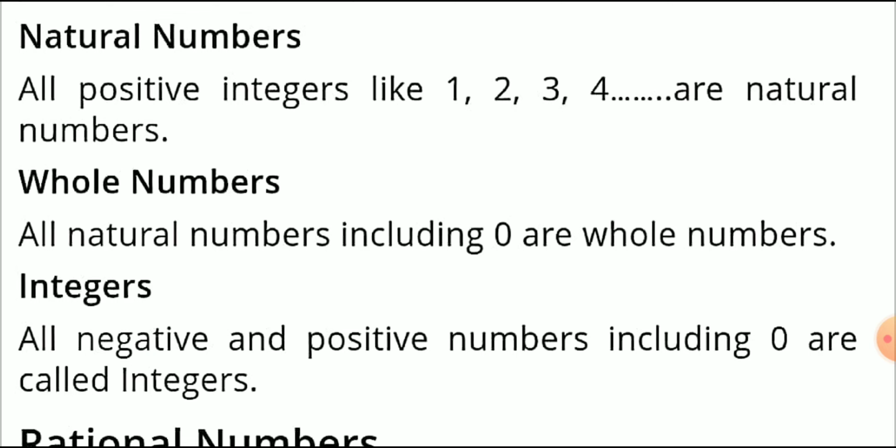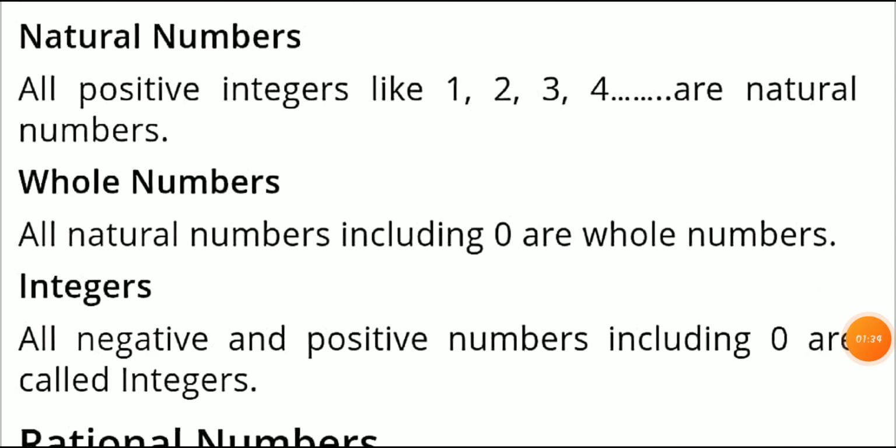You will start picking: 1, 2, 3, 4, 5, 6. Yes or no? Obviously yes. So counting always begins from 1, not from 0. That's why the numbers which start from 1, 2, 3, 4 are known as natural numbers. So basically, what are natural numbers? Numbers which are used for counting objects.